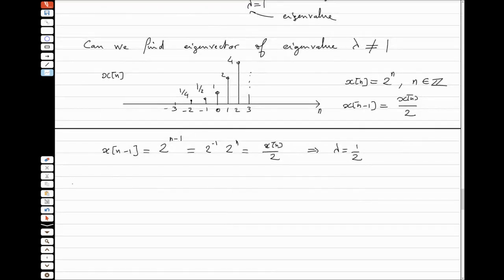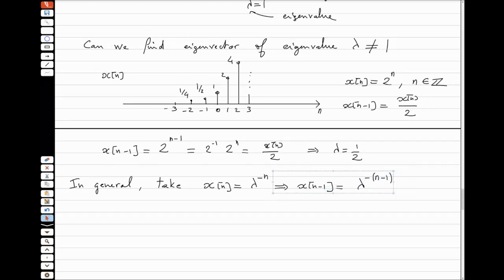Now, in general, take x of n equals lambda to the minus n. Then what is going to be x of n minus 1? It's going to be lambda to the minus n minus 1, which is lambda times lambda to the minus n, right?